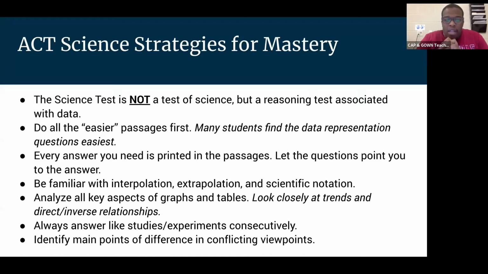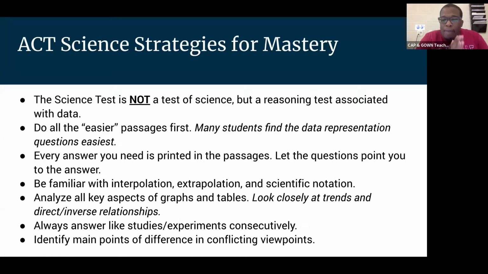Do understand that this is primarily not about science, but it's a reasoning test that's going to be associated with the data that they give you. So you're going to be making assumptions and answers and interpretations of the data that they give you, okay, and of the information that they give you. So don't feel intimidated by the science piece.